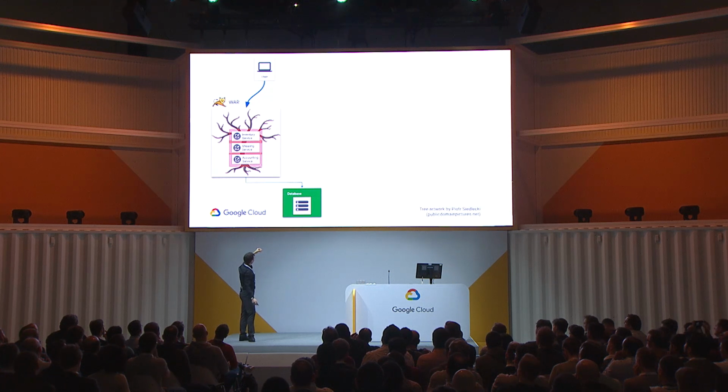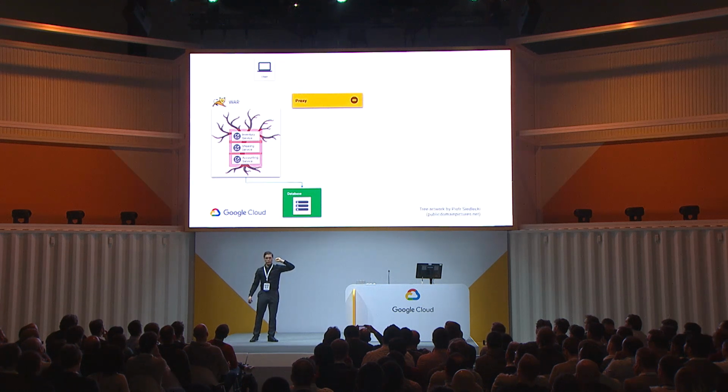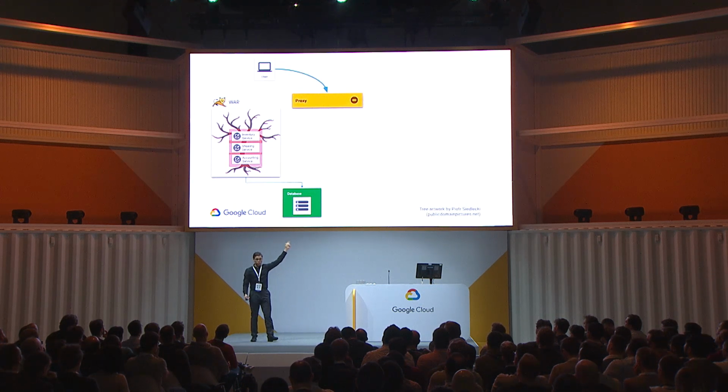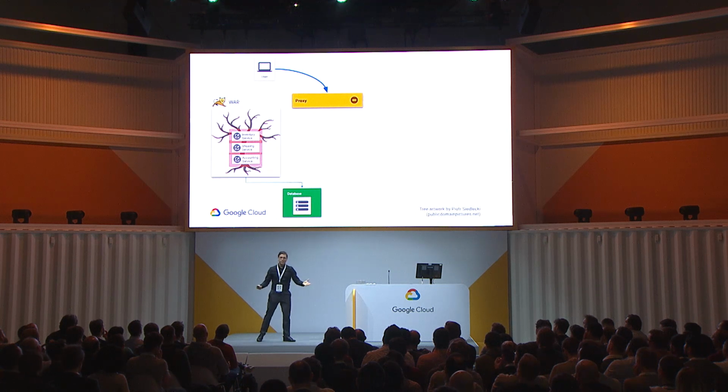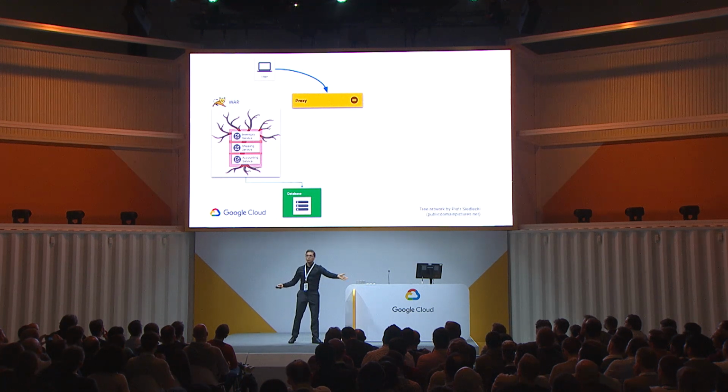So the first step in the Strangler pattern is to set up something called a proxy, so that now, when the user sends a request, we can begin redirecting traffic to where? Any guesses? You can just shout them out.